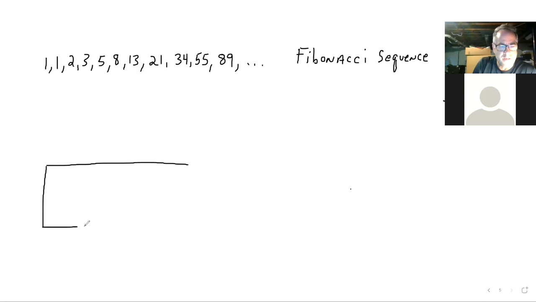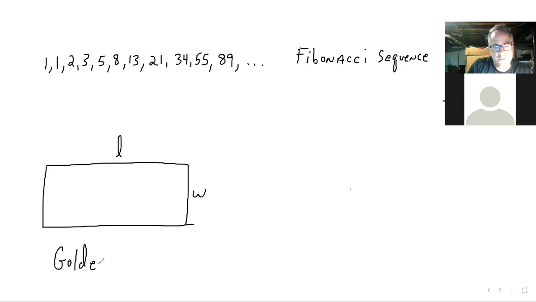So I want to look at a rectangle. All right, this particular rectangle that I'm considering, I'm going to refer to as a golden rectangle.